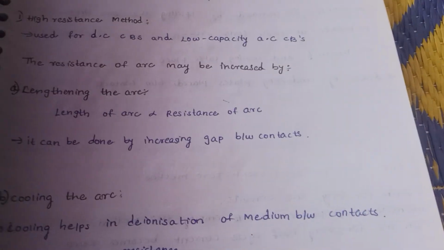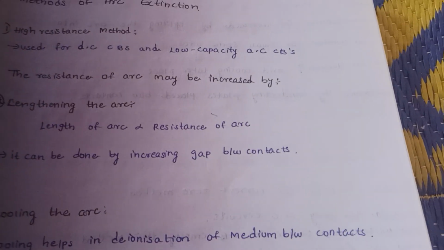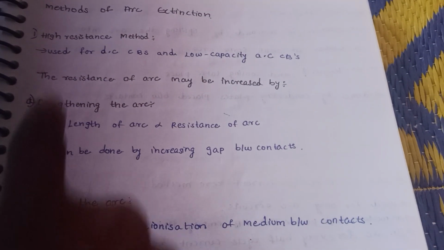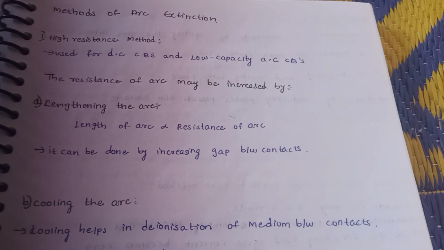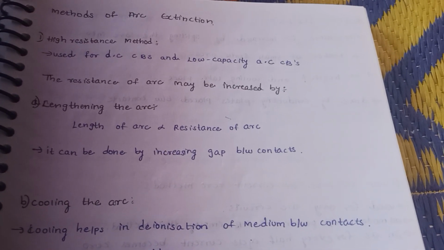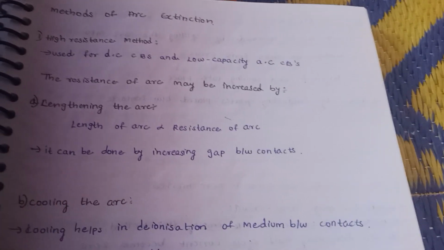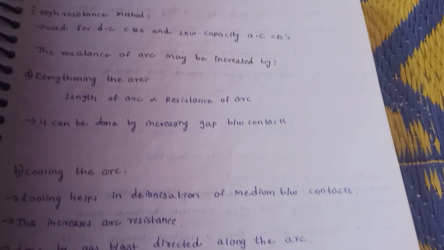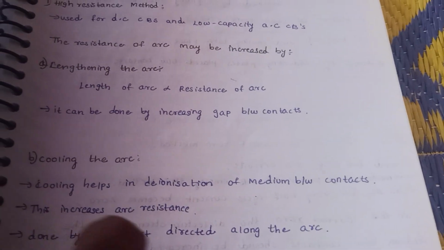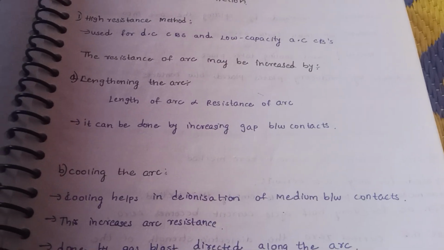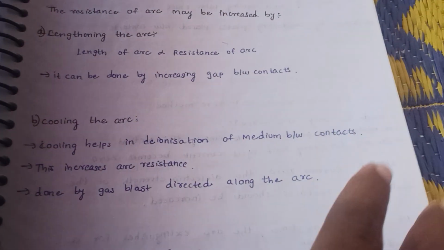Next, methods of arc extinction. First, the high resistance method: we need to increase the resistance so the arc may be extinguished. Next, lengthening the arc: we need to increase the length so the arc will be extinguished.